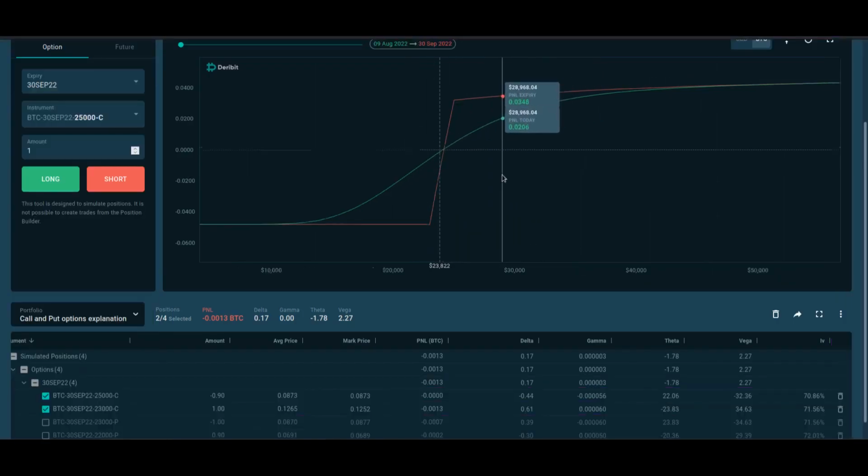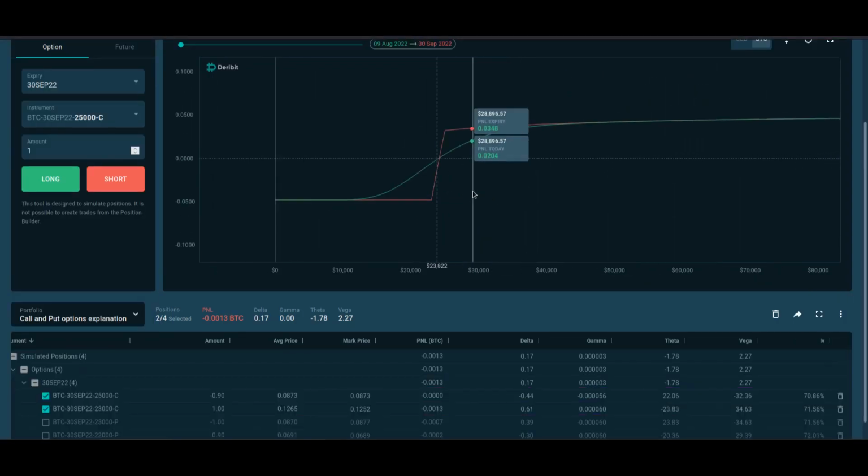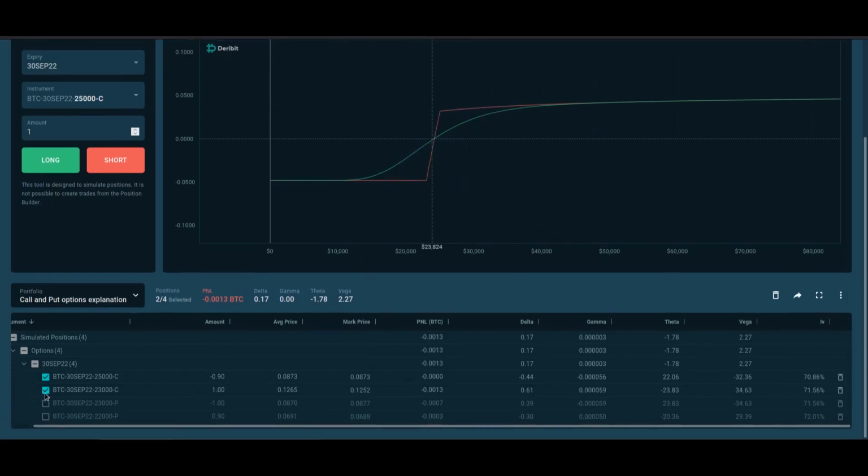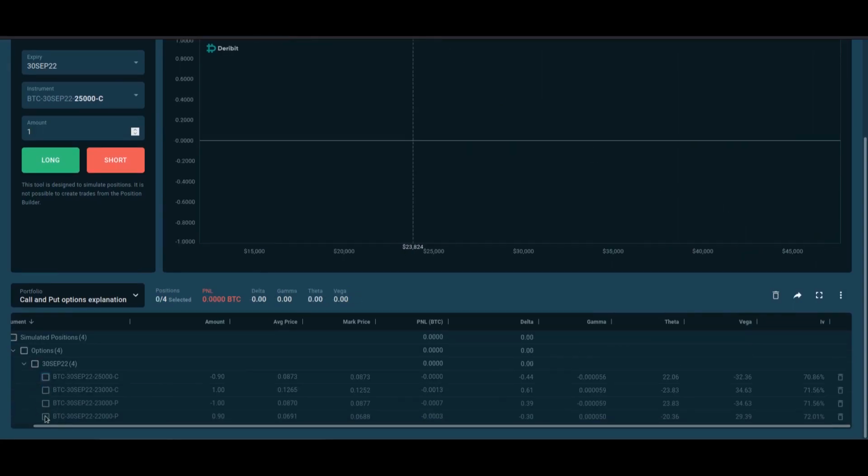So this is a permanent compromise between our losses and potential profits. So these are spreads, and put spreads look the same.